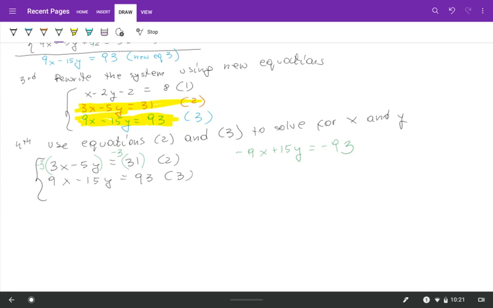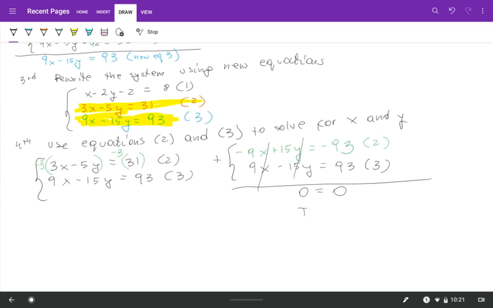Equation 3, we have 9x minus 15y equals 93. Elimination method, add them together, x cancels, y cancels, and we end up with 0 equals 0.